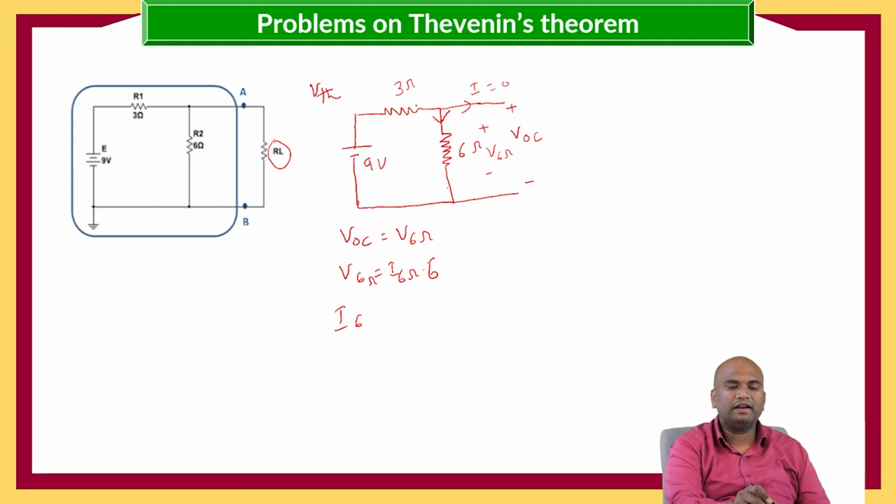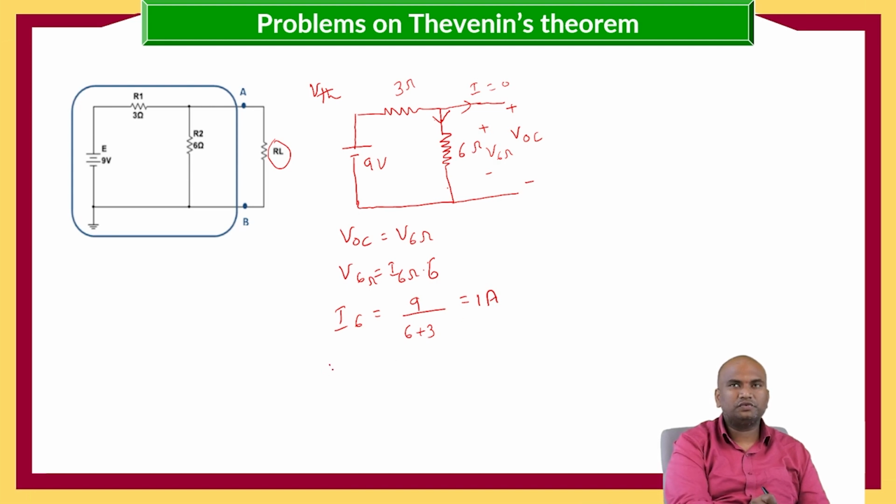Now we can say that this 3 ohms and 6 ohms are in series, and that combination is connected to the 9 volt source. So I6 is equal to 9 divided by 6 plus 3, that is 9 by 9, which is equal to 1 ampere.